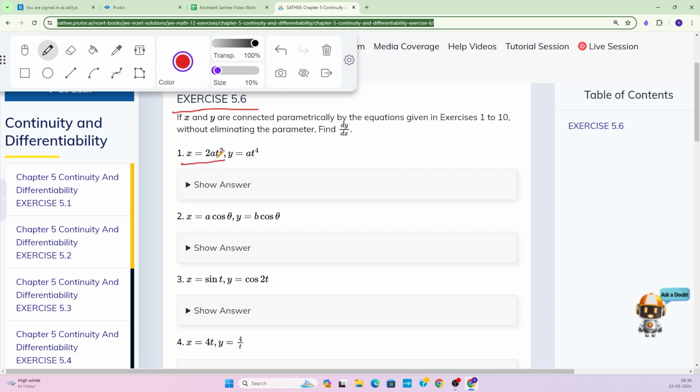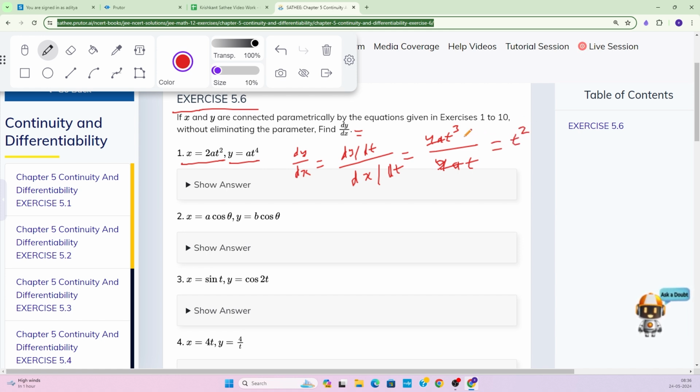x is equal to 2at square, y is equal to at power 4. So dy over dx will be dy over dt divided by dx over dt. dy over dt will be 4at cube, and dx over dt will be 4at. 4a and 4a will be cancelled, and you are only left with t square.